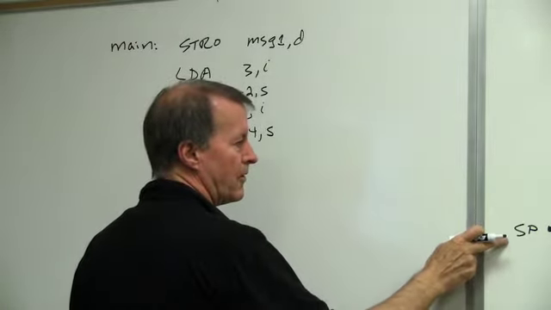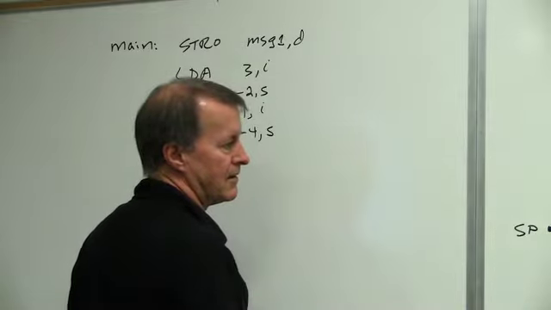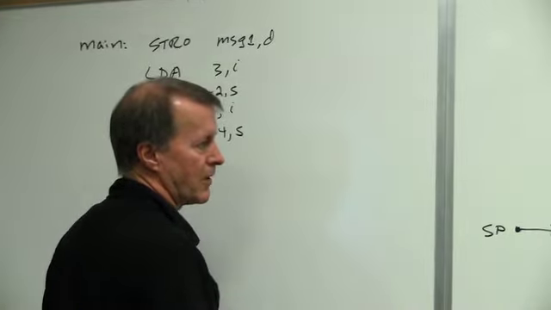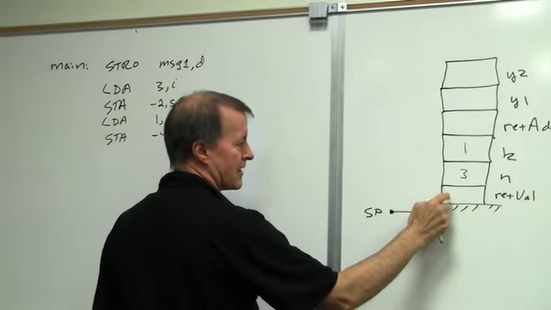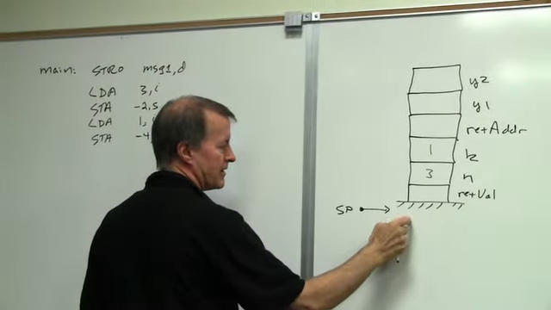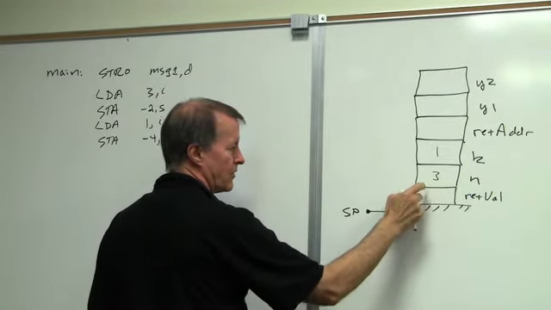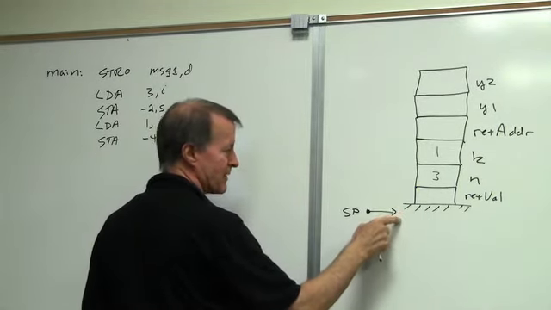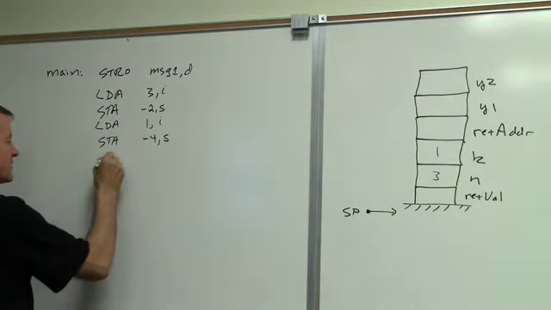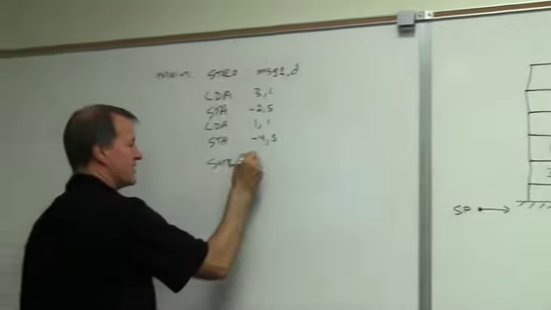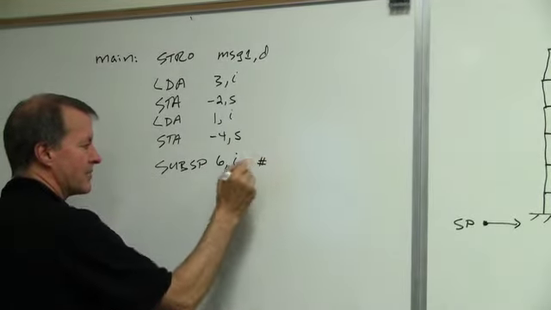But now, when we sub SP, we want to sub SP how much? 2, 4, 6, right. So here is sub SP 6, addressing immediate. But now what are we allocating here?